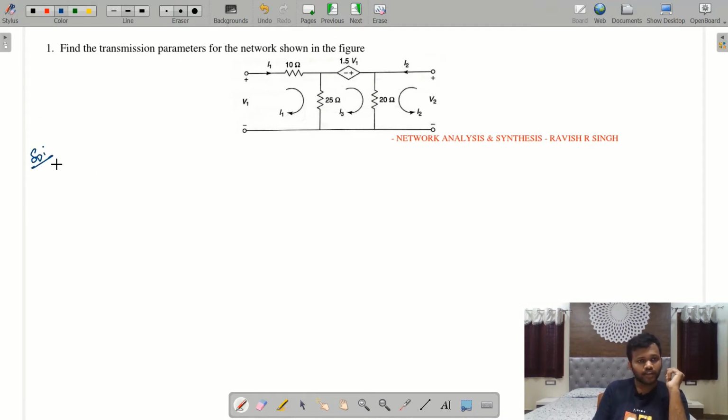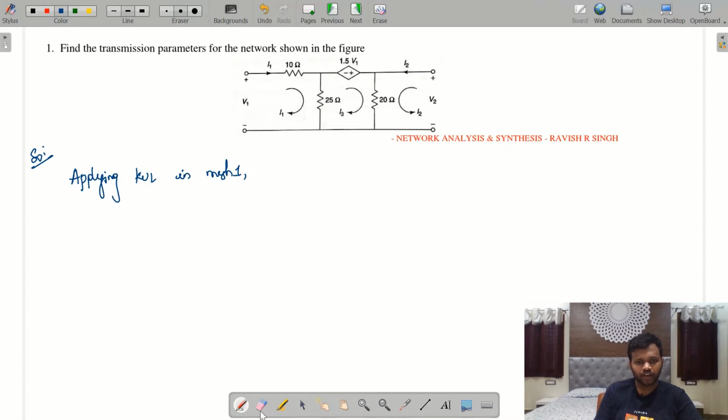Let us say I am considering this as mesh 1, mesh 2, and this as mesh 3. Applying KVL in mesh 1, what can we write?